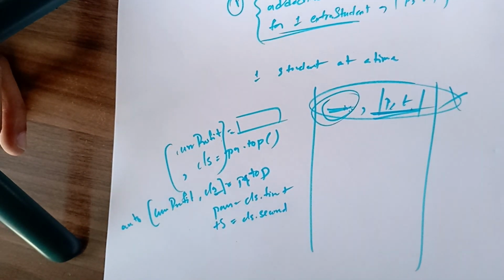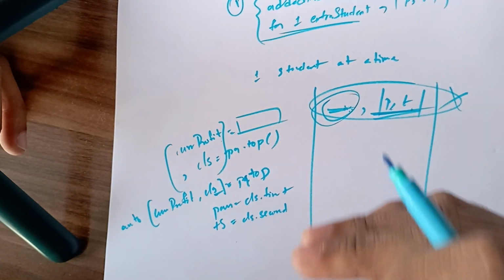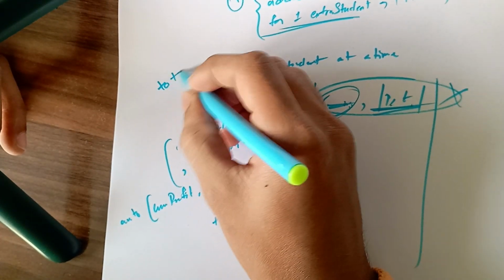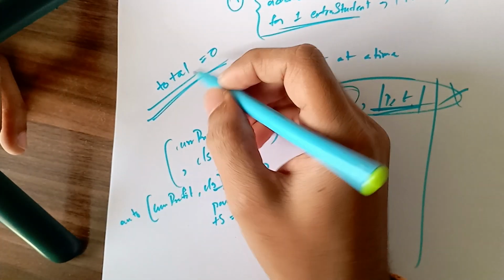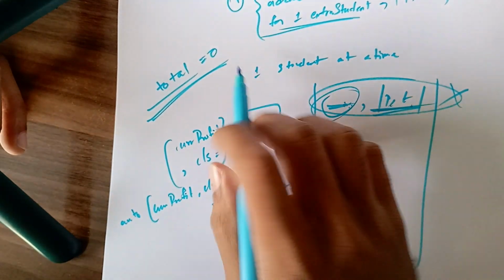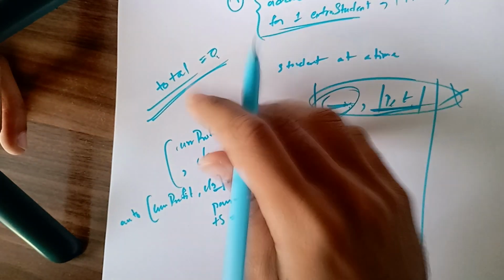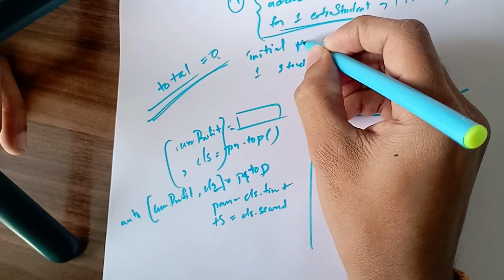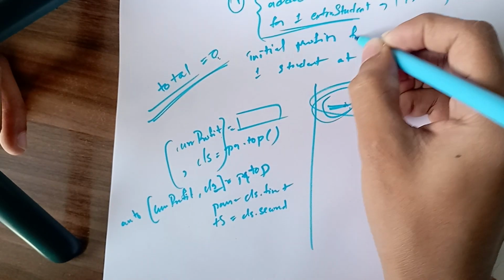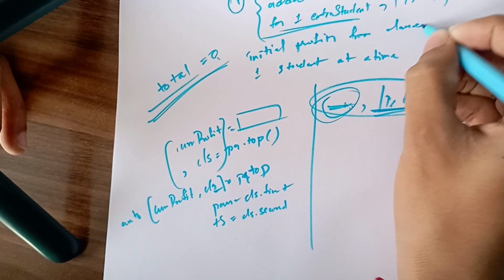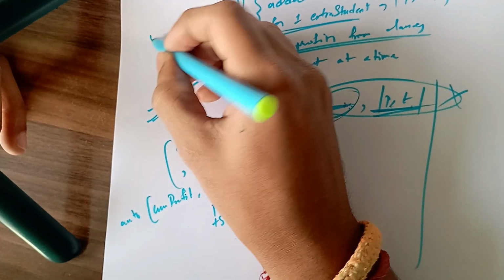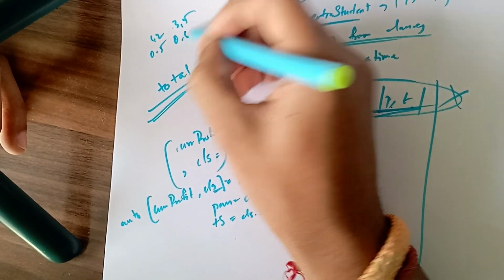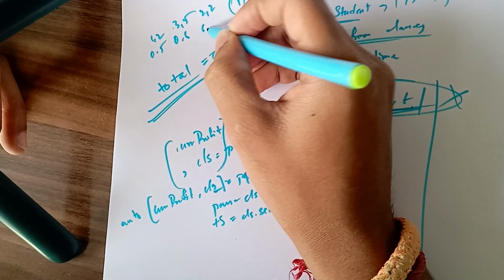See clearly, what we need to do is, we'll be having the total. So initially it will be 0, and we'll be adding all the initial profits from classes. So initially, as I said, for 1 comma 2 it will be 0.5, 3 comma 5 it will be 0.6, and 2 comma 2 it will be 1.0.